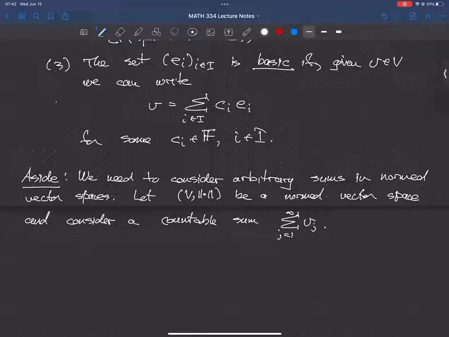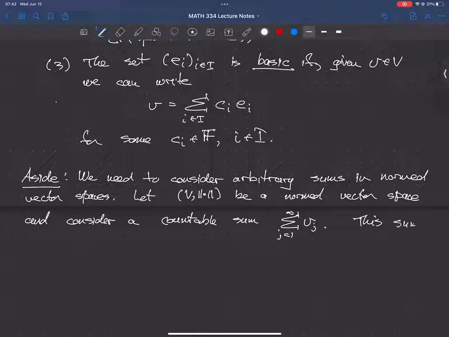Okay, so we're going to talk about various ways in which this sum might converge. All right, so generally the sum is senseless, so we need to say what convergence means.